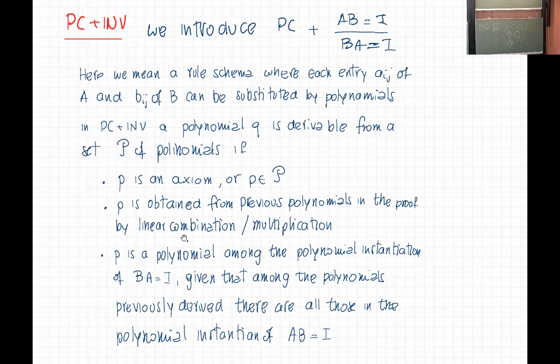You can get one polynomial in this set here, as long as among the previous polynomials you were deriving all the polynomials that you have here. And I will tell you in the open problems why we consider this system interesting, but I can just mention something quickly.